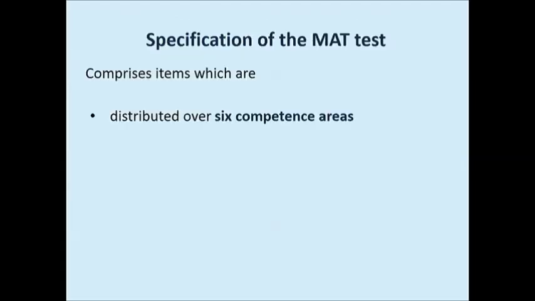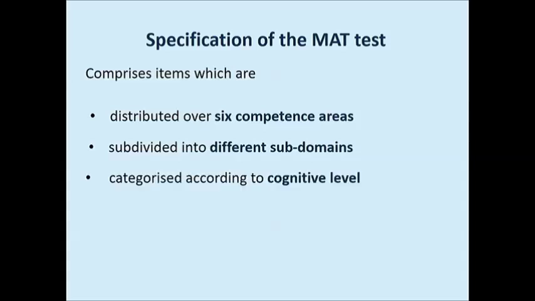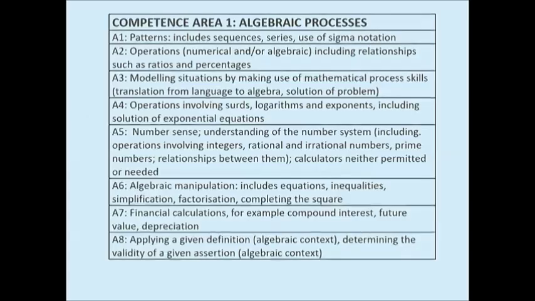Okay, so the test comprises items which are distributed over 6 competence areas, and I will be sharing with you one of them soon. They're further subdivided into different subdomains, and they are categorized according to the cognitive levels that I spoke about earlier. Okay, so here's one of the competence areas.